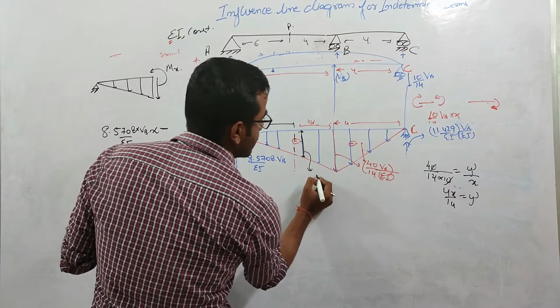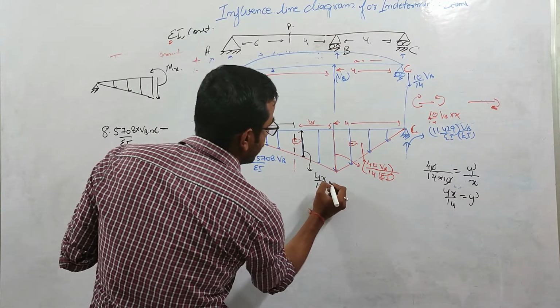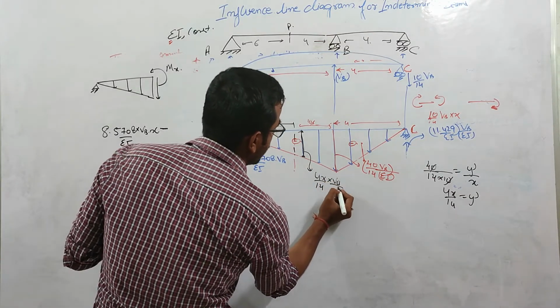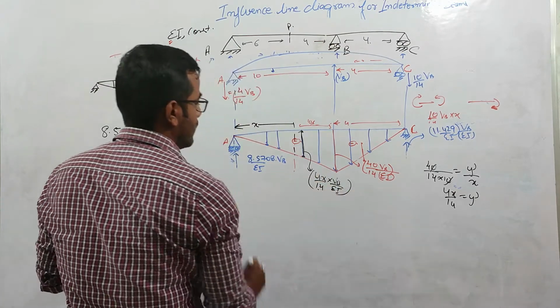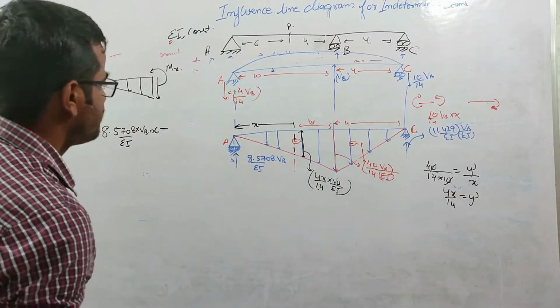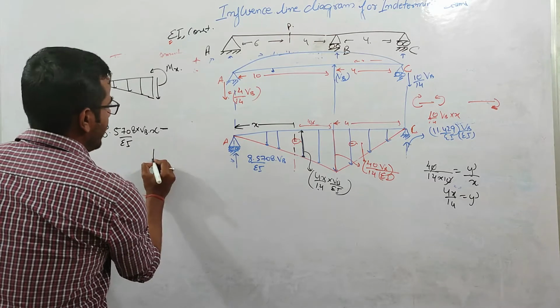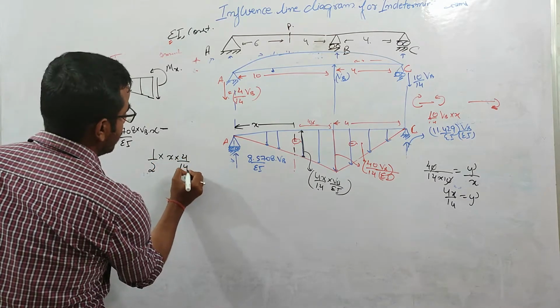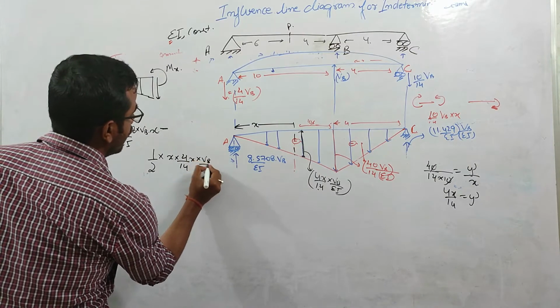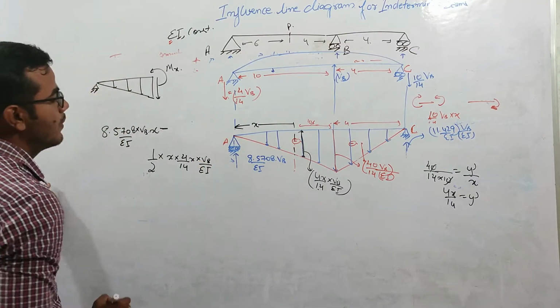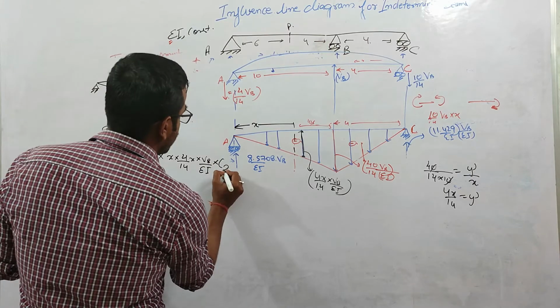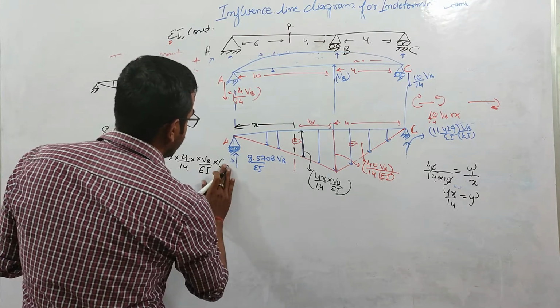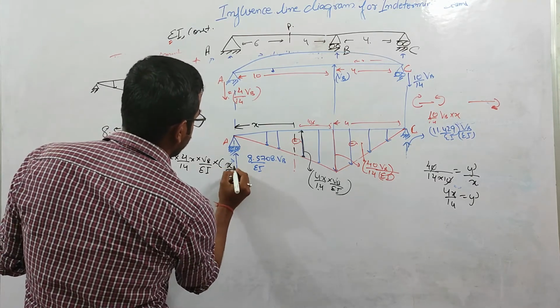So this value is 4x over 14 into VB over EI. So I can write this moment as half into x into 4 by 14 x into VB over EI into 2 by 3 into x by 3.